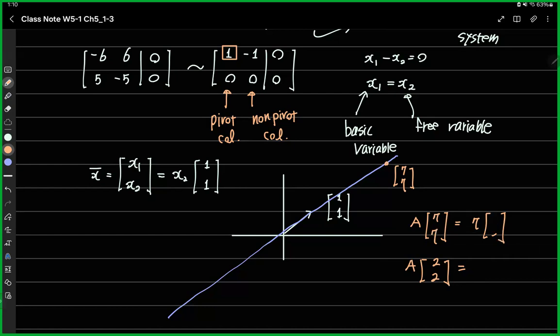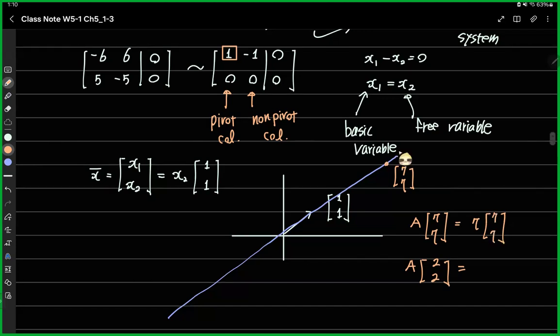I got confused. Taking the vector 7, 7, matrix A times it gives 7 times 7, 7, so there is a 49, 49 for this vector. So matrix A times this eigenvector 7, 7 is equal to lambda 7 times 7, 7. Yeah, so this is an eigenvector.